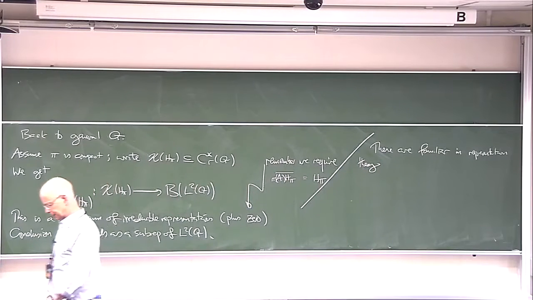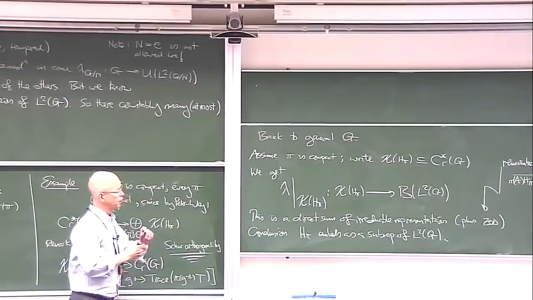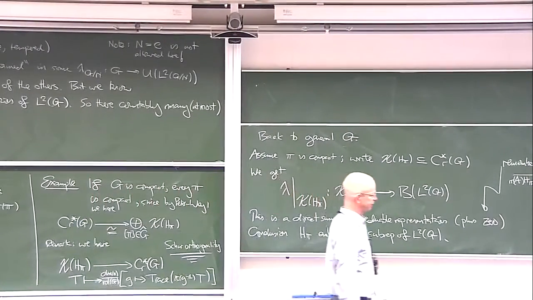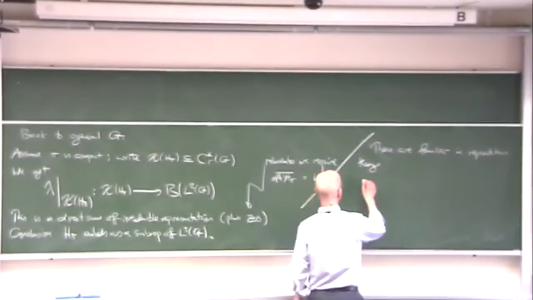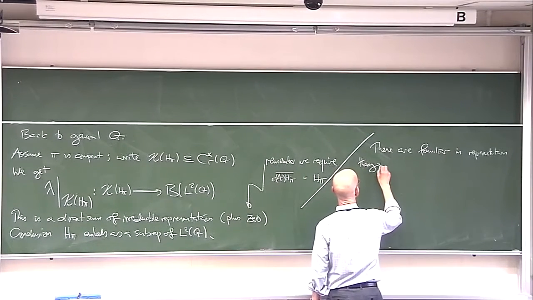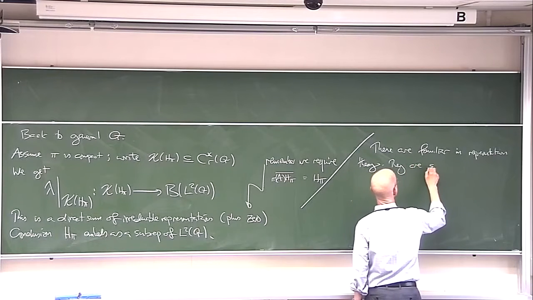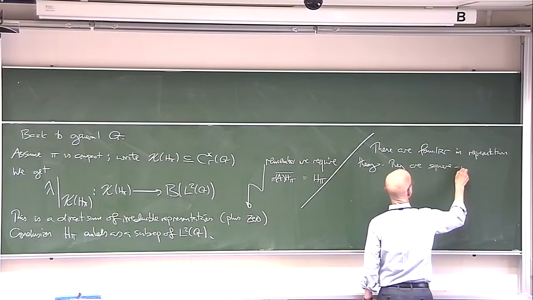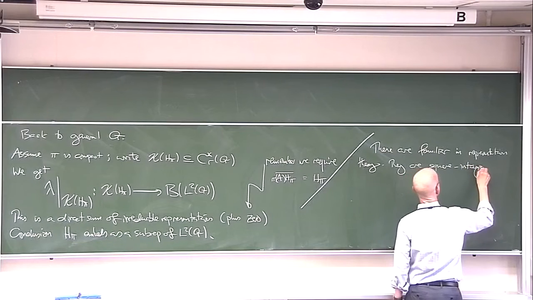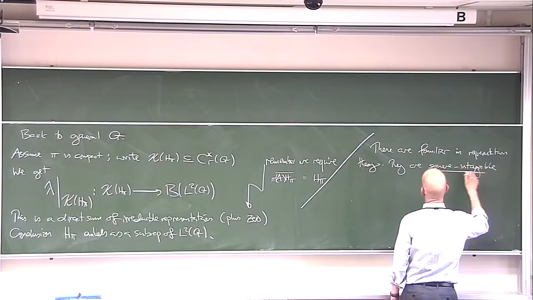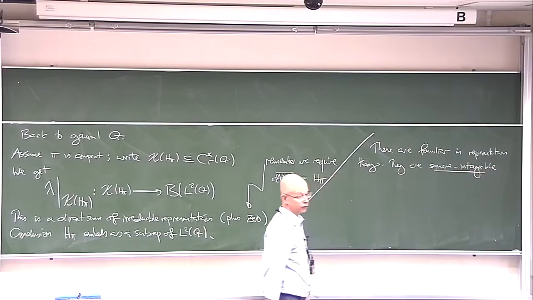And you don't need to know a great deal about them, but let me just mention one thing, which is that they are square integrable. In fact, they are exactly the square integrable representations.